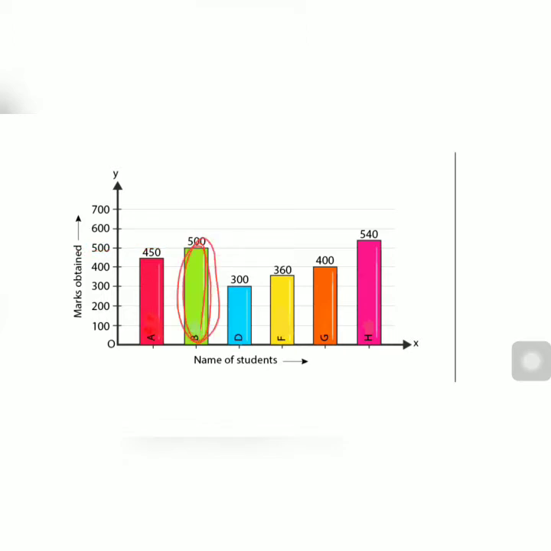How are we measuring the height of these bars? Using this scale drawn on the y-axis, where 1 unit distance represents 100 marks. So it is very important to mention the scale. The scale for this graph is: 1 unit distance equals 100 marks.